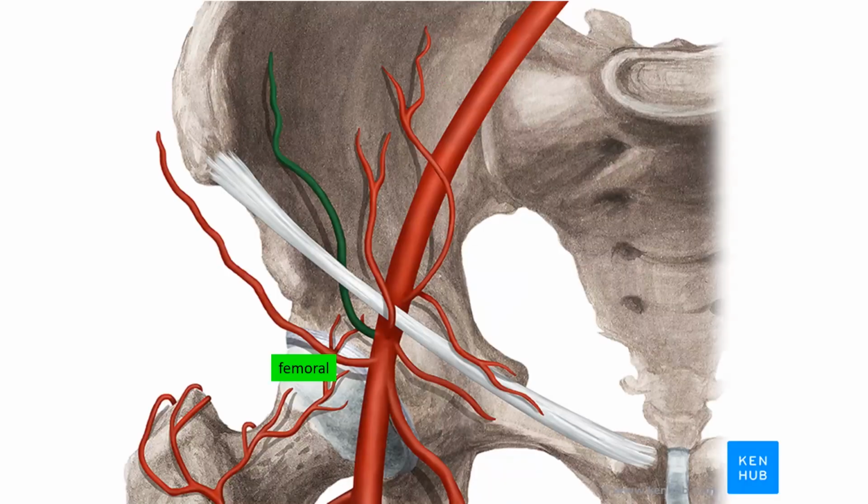Here is a closer look at the external iliac artery as it comes down and passes under the inguinal ligament and becomes the femoral artery.